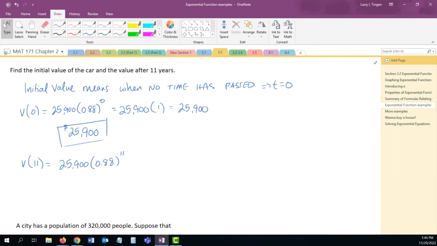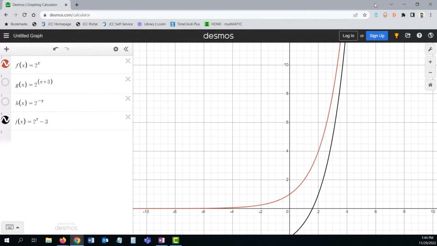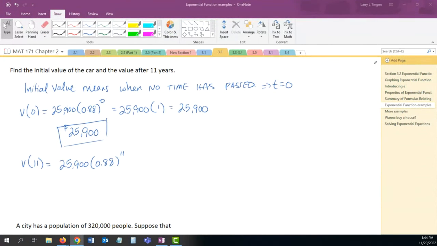And let's do it on Desmos because I have it. 25,900 times 0.88 raised to the 11 is $6,347.59.